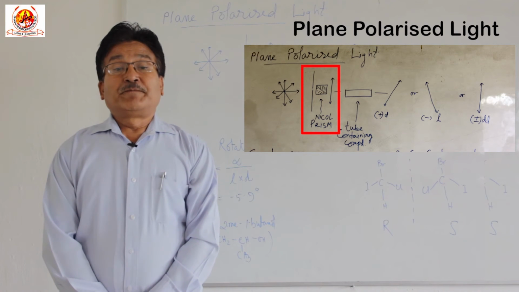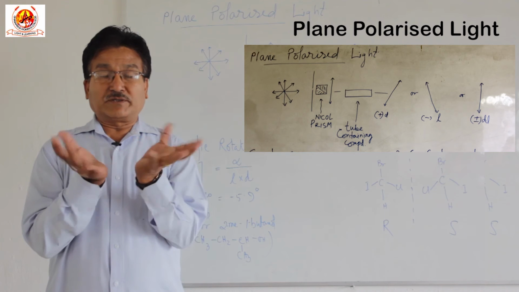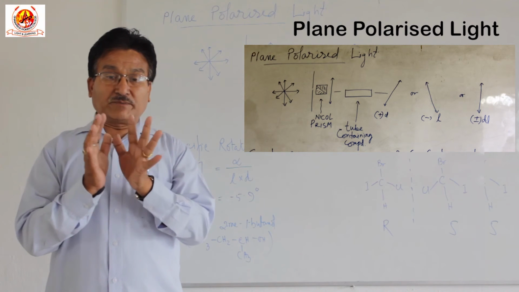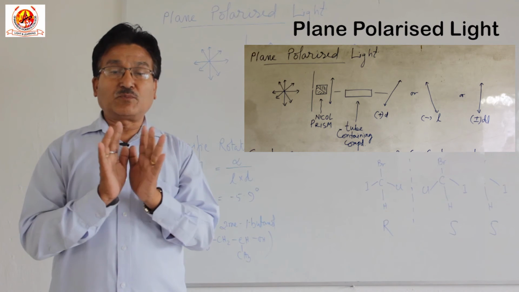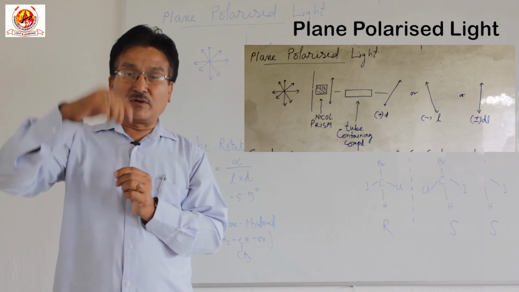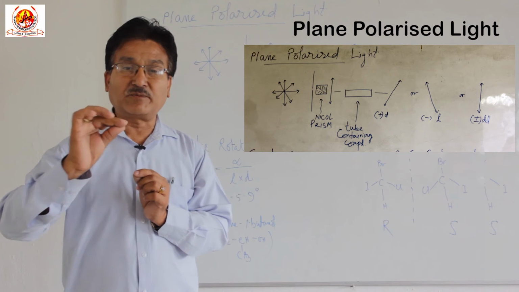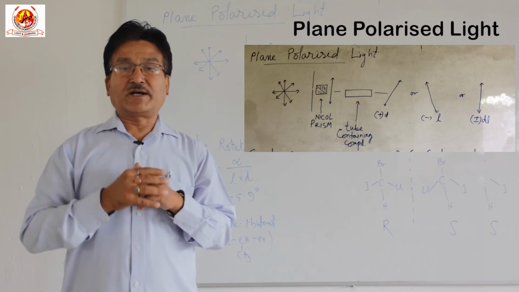You see, this ordinary light is vibrating in all the possible ways, here like this. When it passes through a slit and through the Nicol prism, a light will come that is vibrated only on one plane, which is particular to the line of propagation of the light. Then this is called plane polarized light.